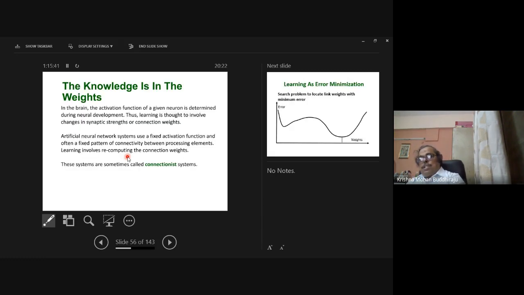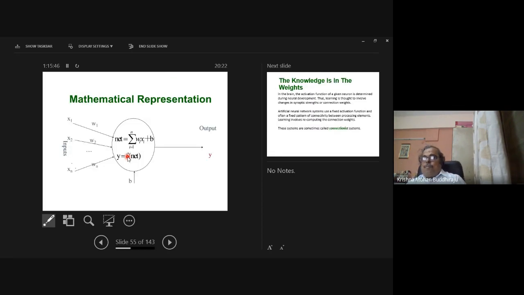The knowledge essentially relating the inputs to the target classes lies in these weights. You are given some inputs and the corresponding classes, and you have to determine these W's so that the inputs are correctly classified.